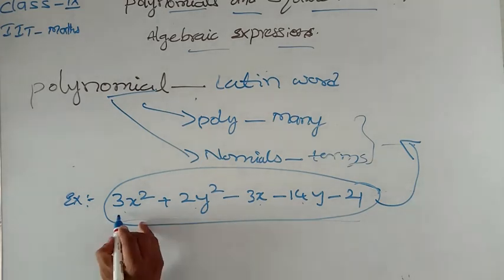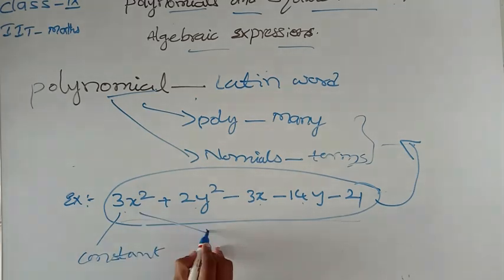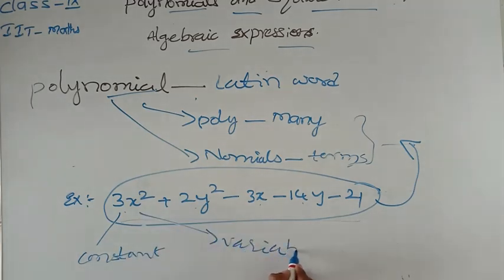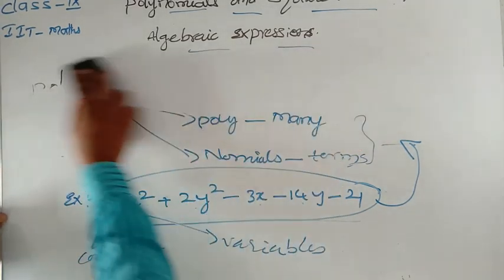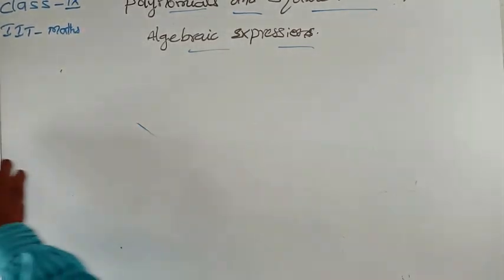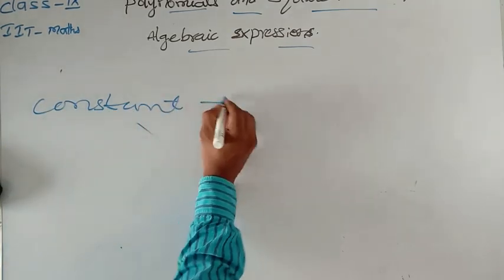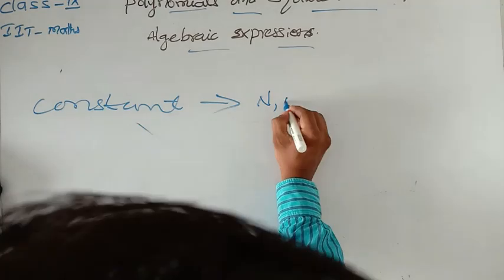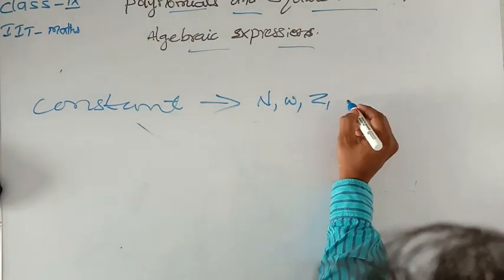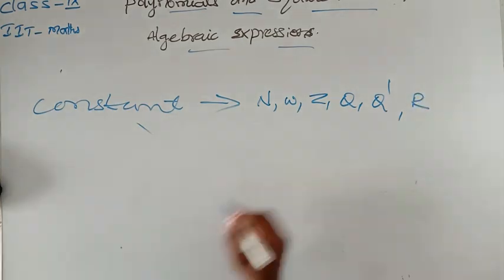In this polynomial we are having constants and variables. So before going to start, what is a constant? A constant is the number which is having fixed numerical value. Example, I am going to take all the numbers: natural numbers, whole numbers, integers, rational numbers, irrational numbers and real numbers.